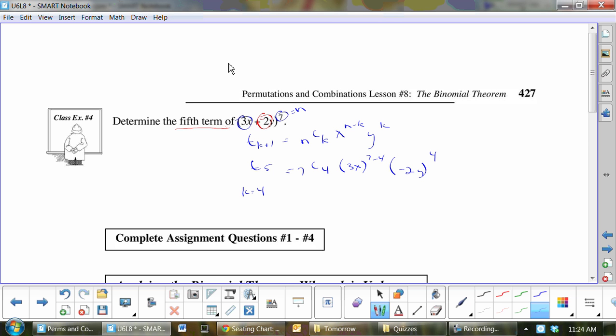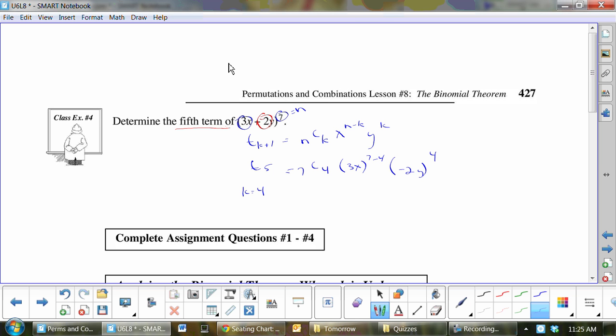When you do a study sheet, this is a great example to have because it has a minus sign in it. It says fifth term, T5, so k equals 4.